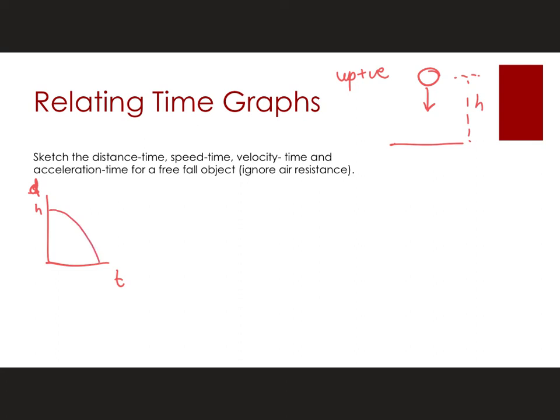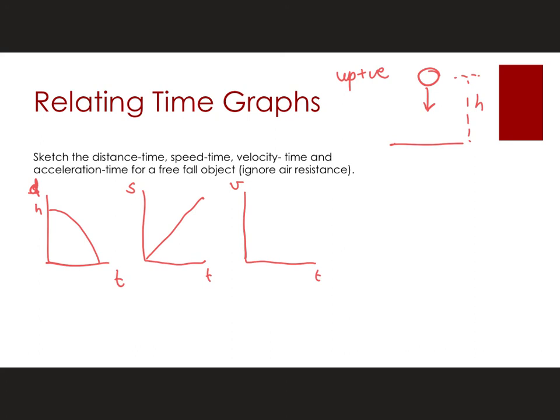Okay, now let's do the speed time graph. Well, a speed time graph, it's just going to start at 0 and increase in speed. But a velocity time graph takes into fact that it's a vector and it's moving in a negative direction.